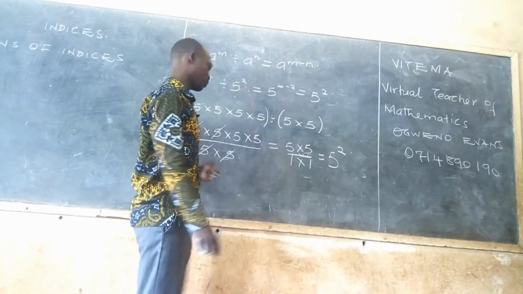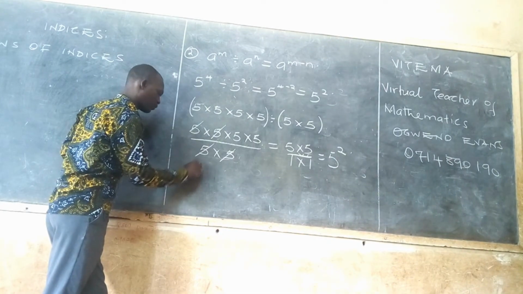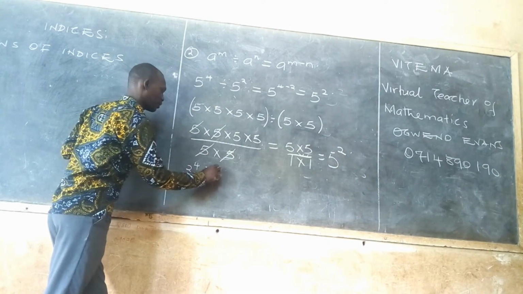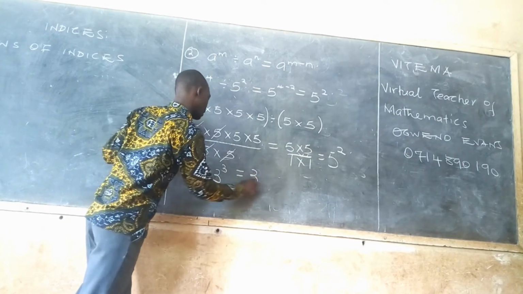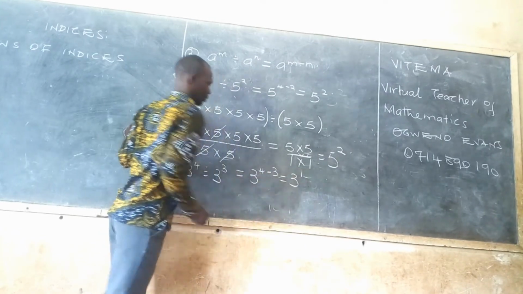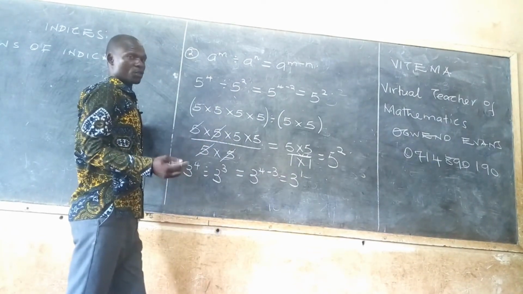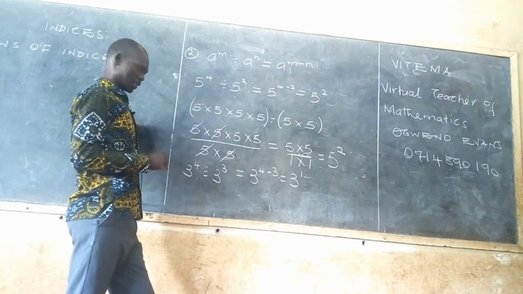I'll give another example. If I have maybe 3 to the power 4 divided by 3 to the power 3, we are saying this is 3 to the power 4 minus 3, which is 3 to the power 1. How do we show that this is true? I'll go straight away to numerator and denominator.